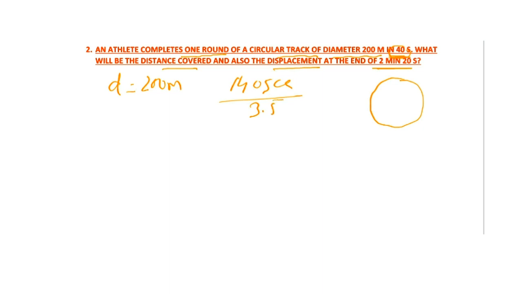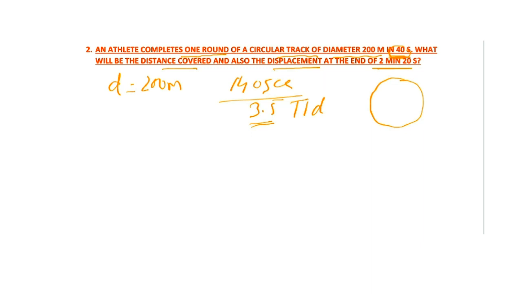3.5 circles. We know that the circumference of the circle is pi d or 2 pi r. If you are given the diameter, you can apply this formula, pi d. So he covers 3.5 circles in 140 seconds, or 2 minutes 20 seconds.